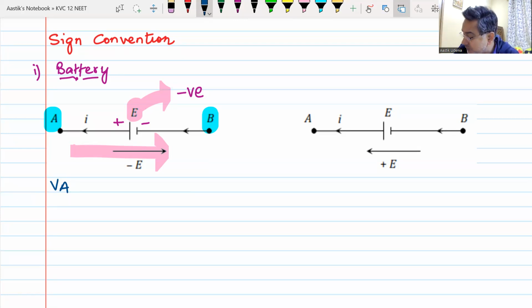How much does it drop? Minus E. And then I reach point B. So this is how I can write my equation: VA minus E will be equal to VB, or I can say VA minus VB will be equal to E. Do we understand this?